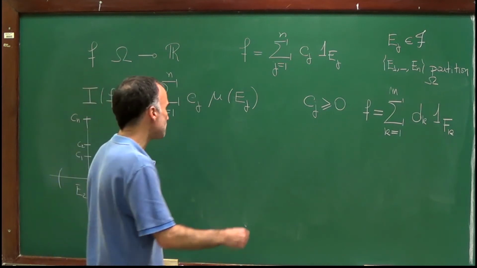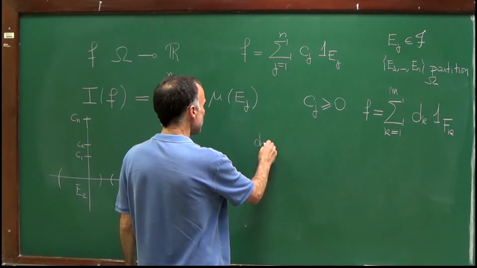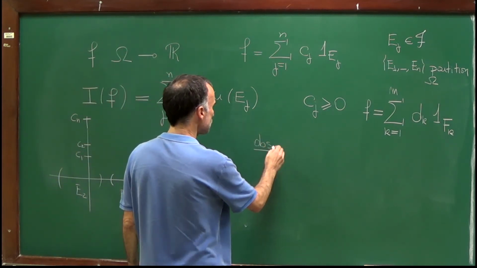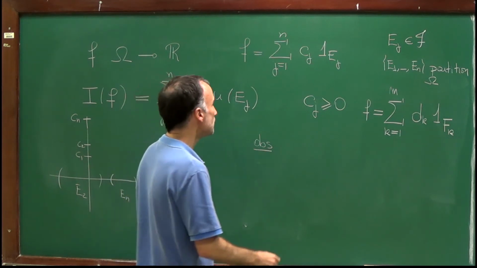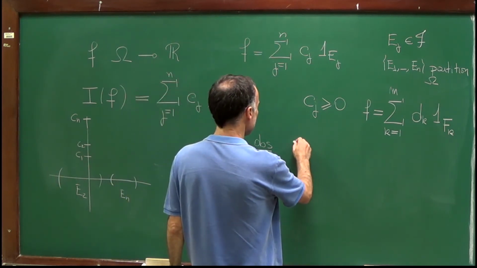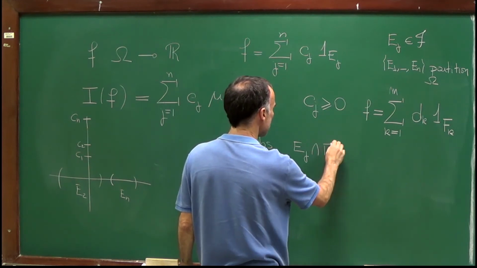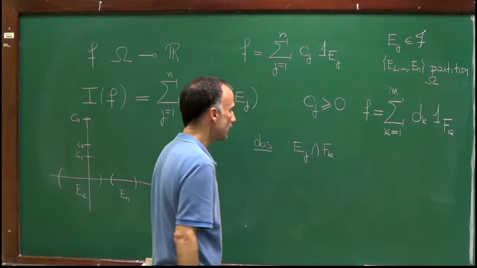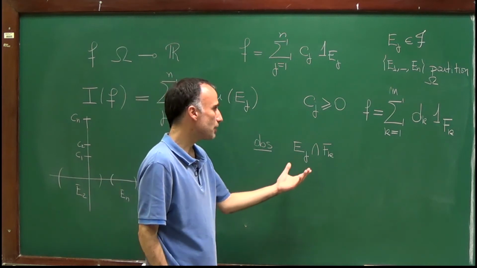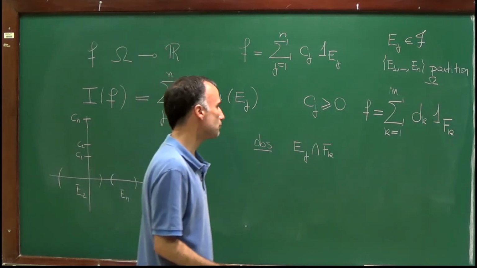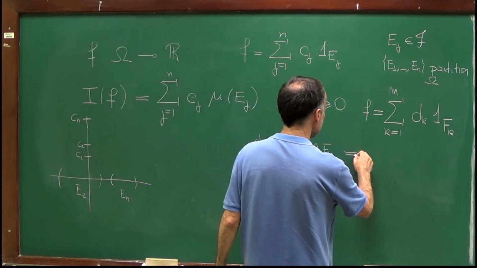Well, my observation is the following. Take a set Ej and take a set Fk. Ej intersection Fk might be empty or might not be empty. So assume that it's not empty.